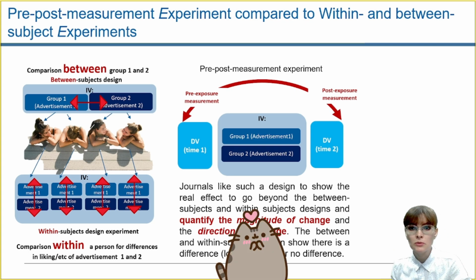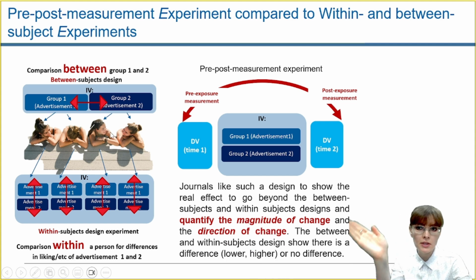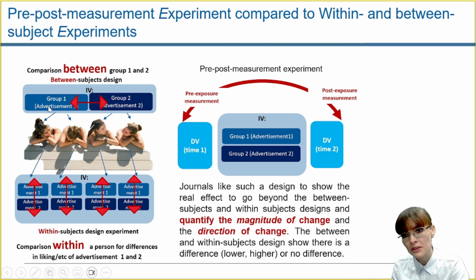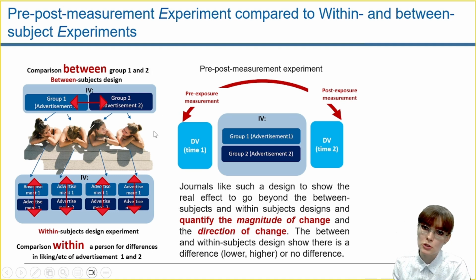The between and within subjects design, which I have on this part of the screen, show us simply whether there is a difference between group 1 that saw advertisement 1 and group 2 that saw advertisement 2, and that's it. The mean differences could be lower or higher, or how far those means are from each other if we are looking at average ratings for attitudinal behavioral scales, or whether there is no difference.